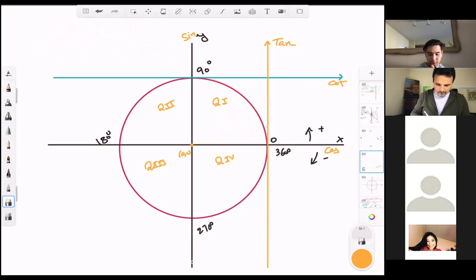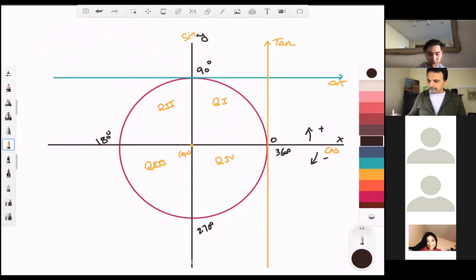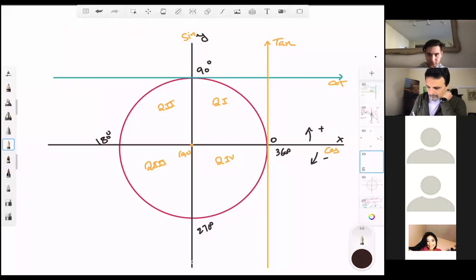Okay. What about tangent and cotangent? Are they positive or negative? Can it be both? Because it goes like two different directions. Good. Let's see. For example, take 30 degrees.